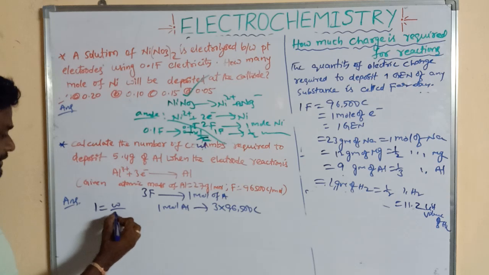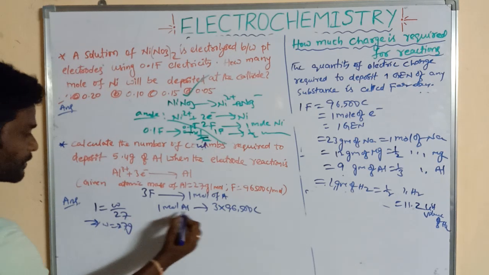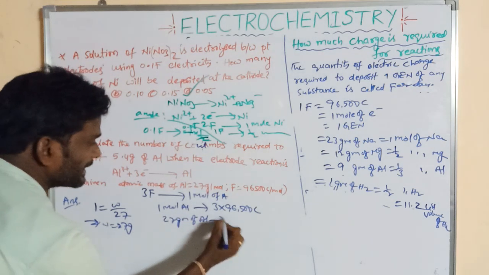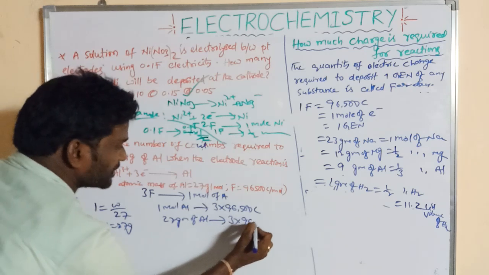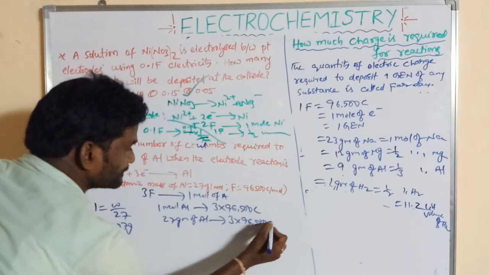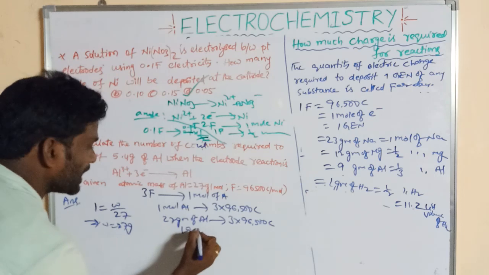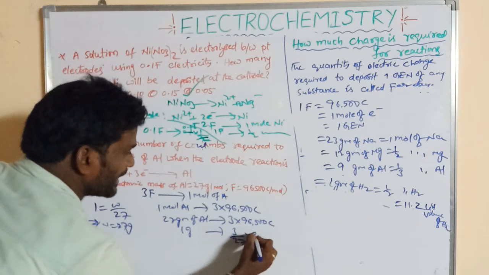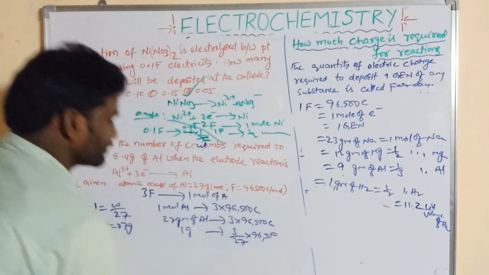The gram molecular weight of aluminum is 27, so weight is 27 grams. So 1 mole of Al is equal to 27 gram of Al, which requires 3 into 96,500 coulombs. So for 1 gram, 3 by 27 into 96,500 coulombs.